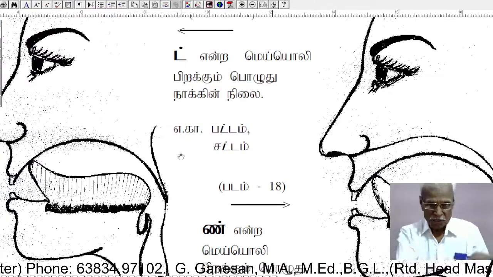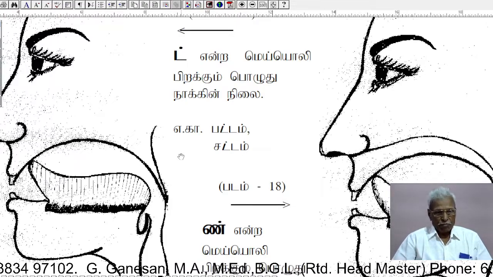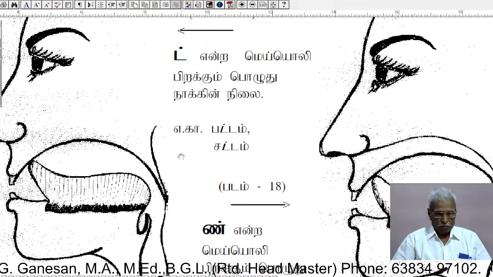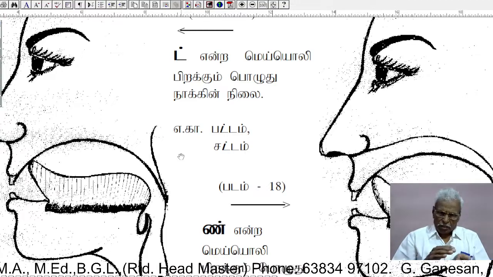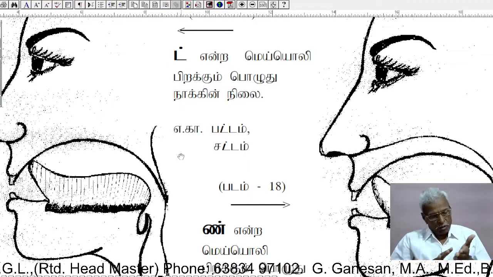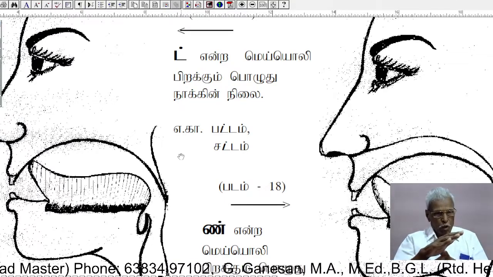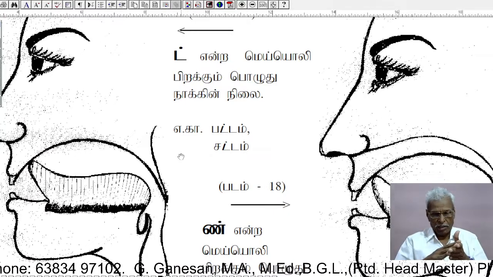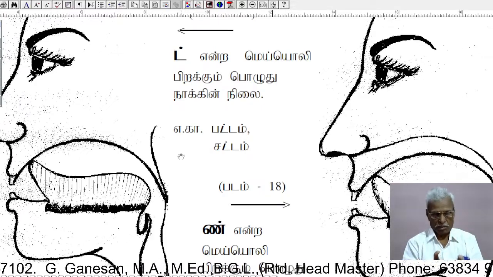Then let us see how the sixth phoneme is produced. This is according to Tholkappiyam and Nannool. The phoneme is produced by raising the tip of the tongue towards the hard palate and making a tight contact and sending out the air to the sides of the tongue.